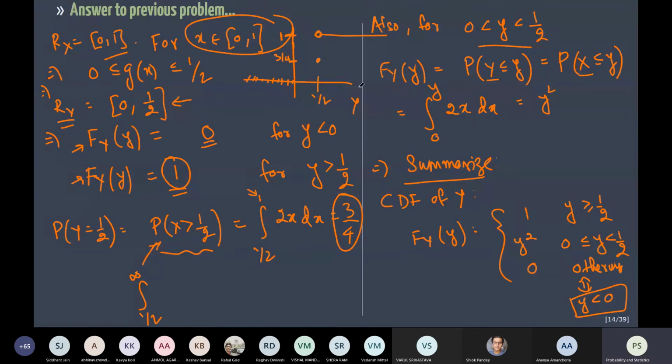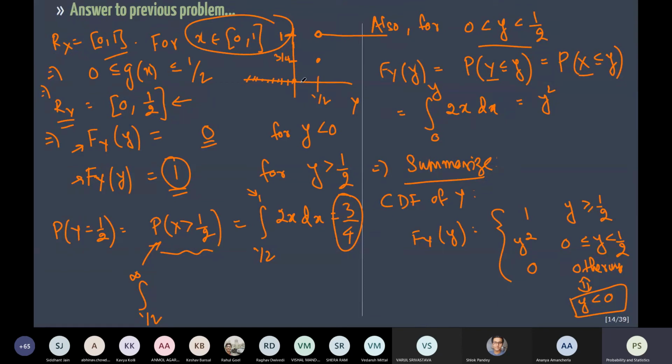Y exactly equal to 0 won't affect the CDF anyway because a singleton won't affect it. And it is because it's kind of linear, so it doesn't matter; y square is also 0 at 0. So that's fine. There is no discontinuity here.